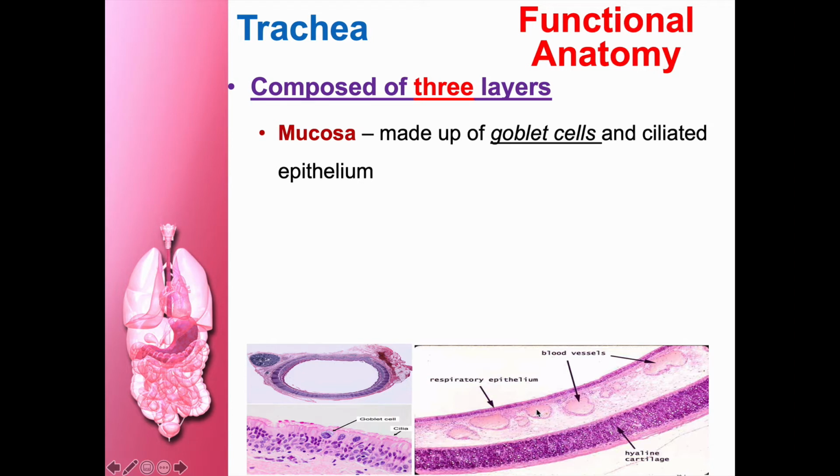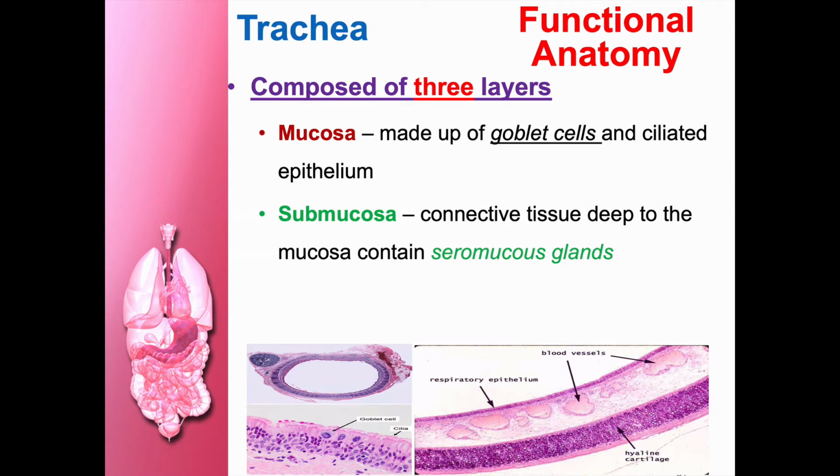Then the submucous layer has the seromucous glands, which is also rich in lymphocyte cells. And below that you have the hyaline cartilage.